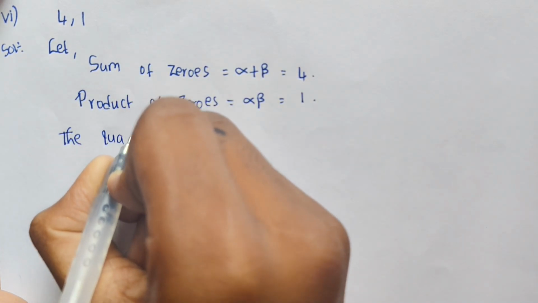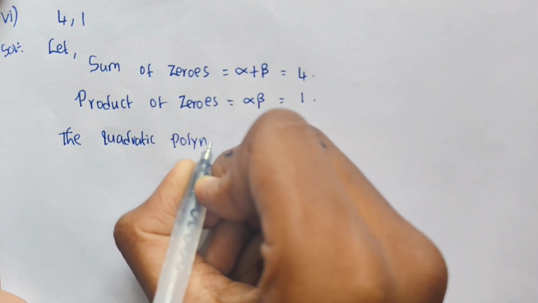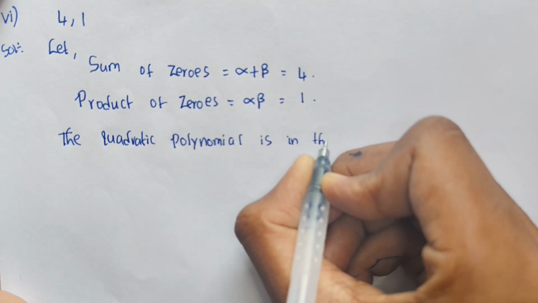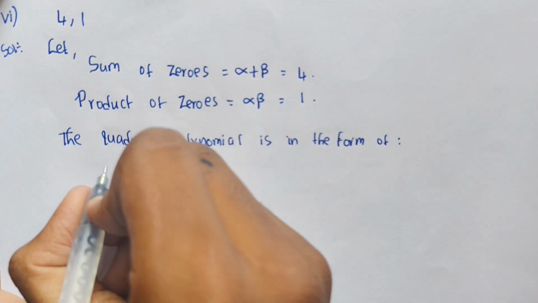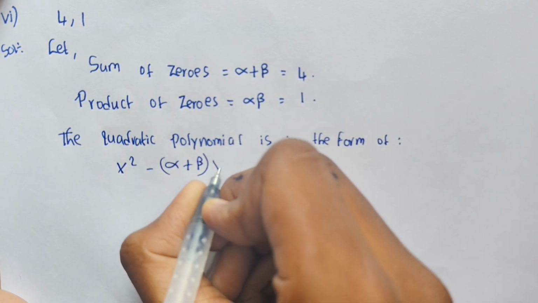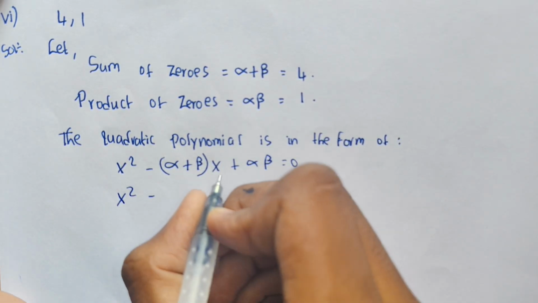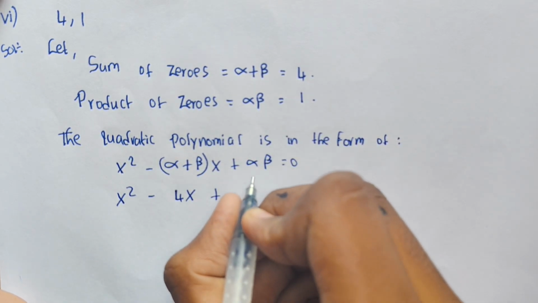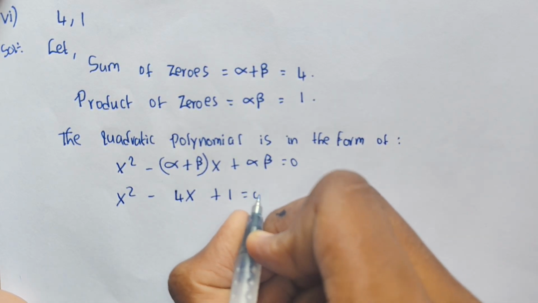The quadratic polynomial is in the form of x square minus alpha plus beta into x plus alpha beta equals to 0. X square minus, alpha plus beta is 4, so 4 into x means 4x, plus alpha into beta is 1, so plus 1 equals to 0.